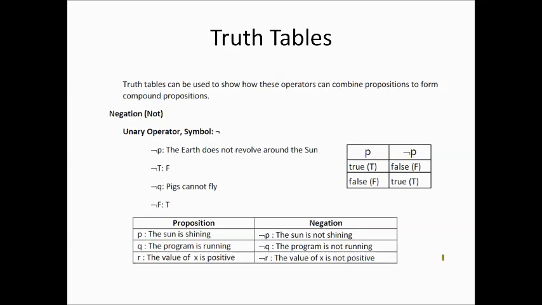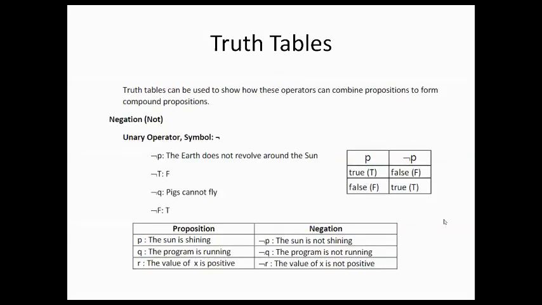Next, for the proposition Q, the program is running, the not Q or the negation of Q is the program is not running. Another example: we have R for the proposition the value of X is positive. The negation of R, or not R, is the value of X is not positive. So again, for the negation, we always use the word not.